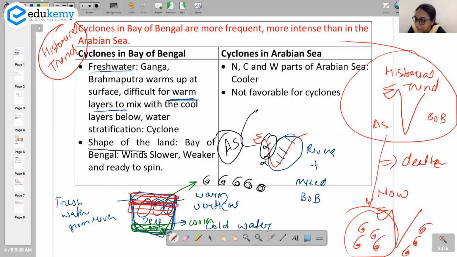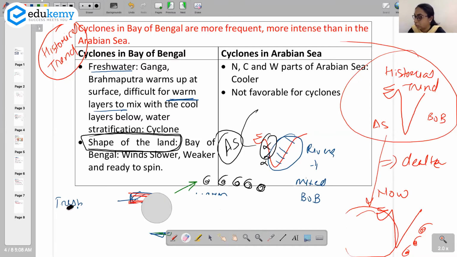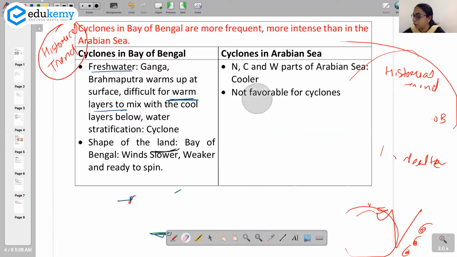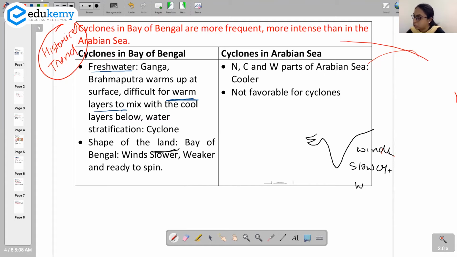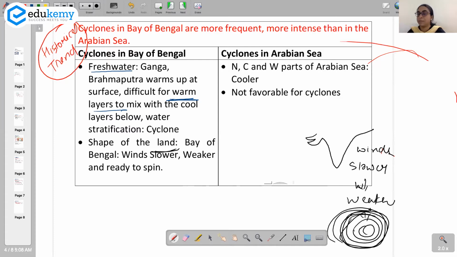And the other thing that was responsible for the greater number of cyclones in the Bay of Bengal was the shape of the region. The region was partially enclosed, and the winds were slower and weaker here, and therefore they could spin the ocean in a better manner.